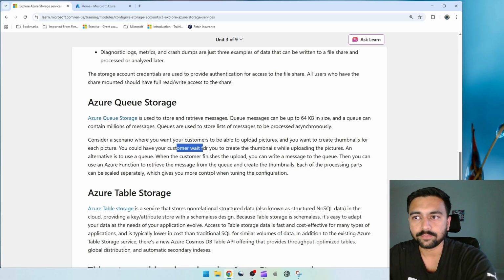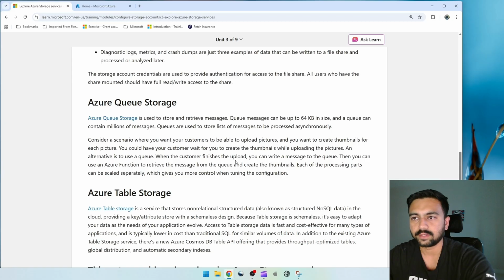You could have your customer wait for you to create the thumbnails while uploading the pictures. An alternative is to use a queue. When a customer finishes the upload, you can write a message to the queue. Then you can use an Azure function to retrieve the message from the queue and create the thumbnail. Each of the processing parts can be scaled separately, which gives you more control when tuning the configuration.